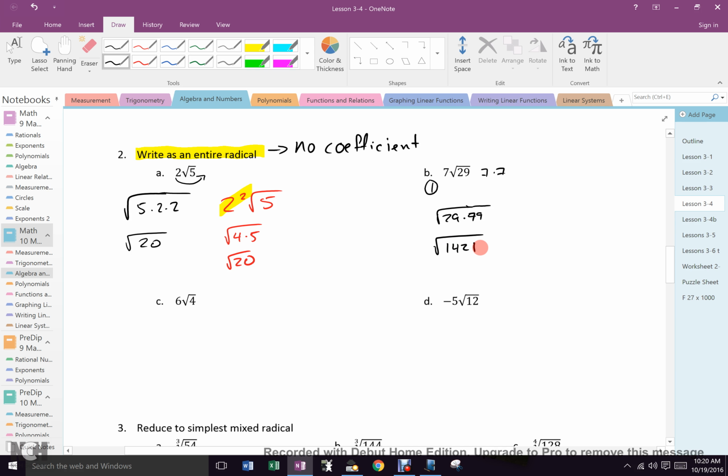Good. Everybody cool? So what's this one? 4 times what? 4 times 6 squared, which is 4 times 36, which is what? 144. Good?